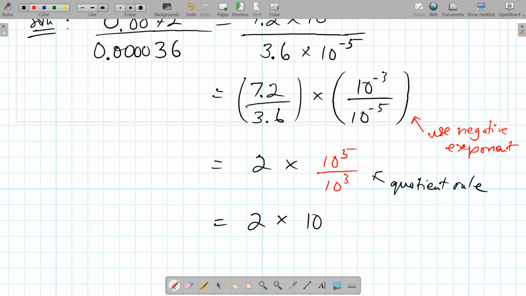So this is going to be 5 minus 3. And this will give me 2 times 10 to the power 2. And because this 2 lies between 1 and 10, it means that I am all set.